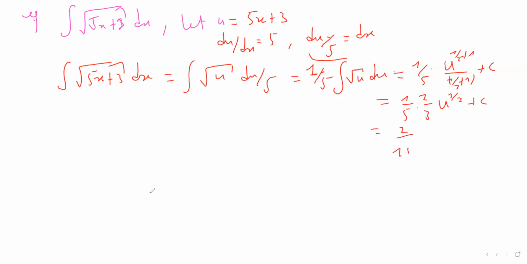This is 2 over 15 u to the 3 over 2 plus c. But we know that u is nothing else but 5x plus 3, so we get 2 over 15 times 5x plus 3 to the power 3 over 2 plus c. So you see, you can just make a substitution that lets you apply the basic integration rules.